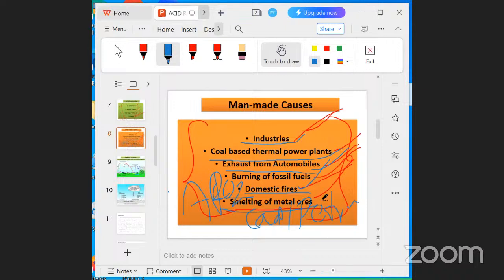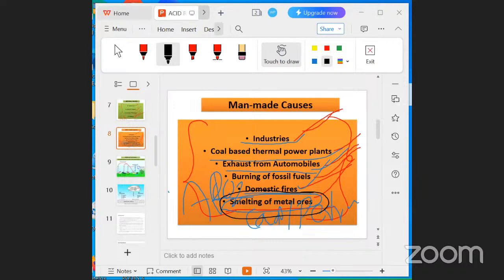And the last one is smelting of metal ores. In this process, acid-producing gases such as carbon monoxide and carbon dioxide are released into the atmosphere.